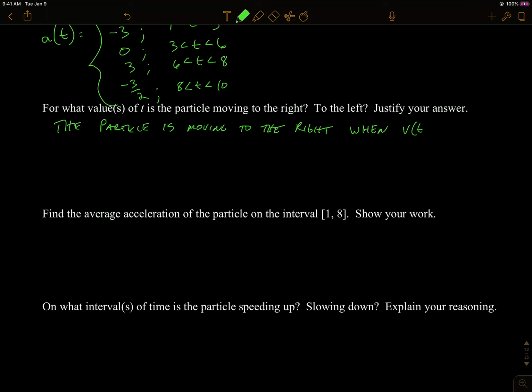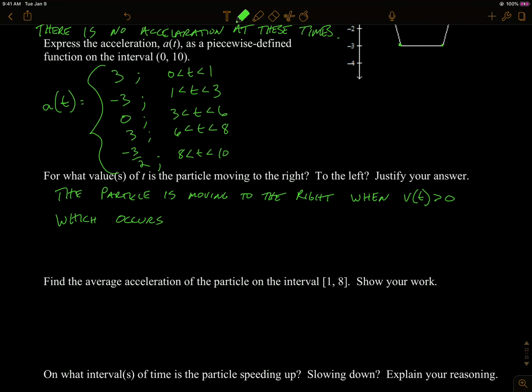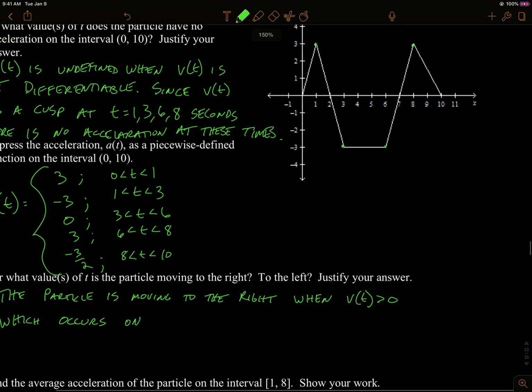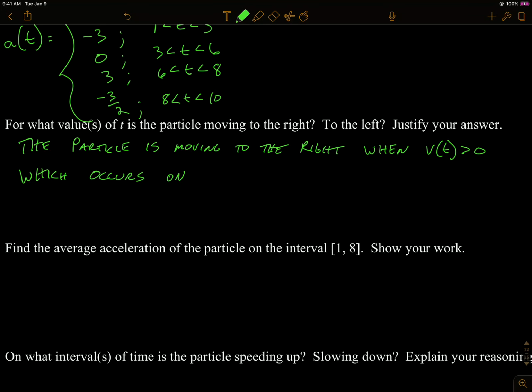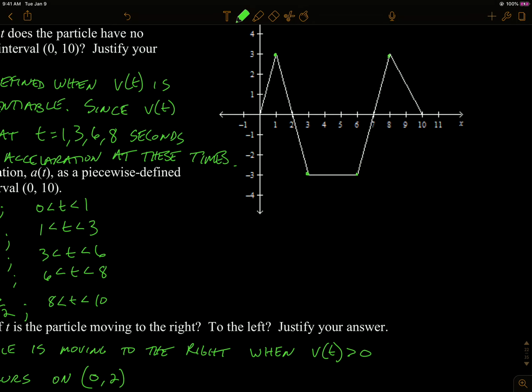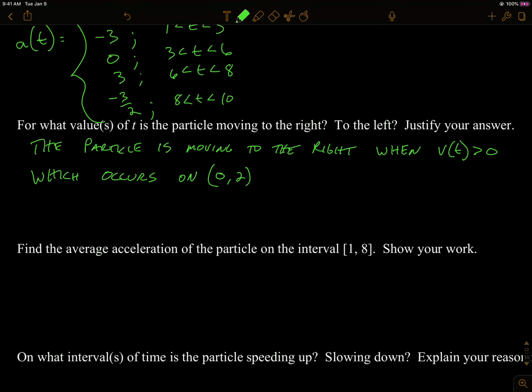So when v of t is positive, which occurs on 0 to 2, and then again, it's positive from 7 to 10.